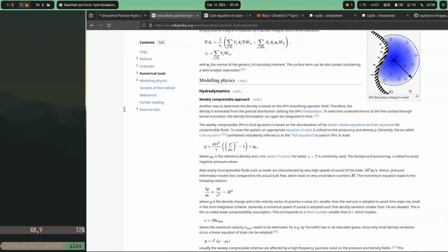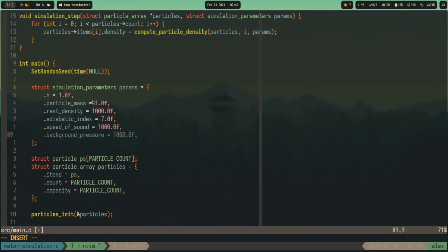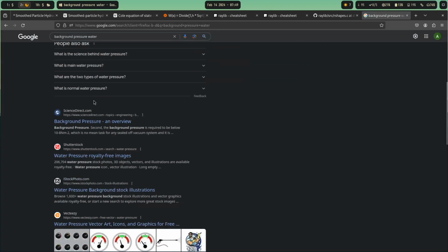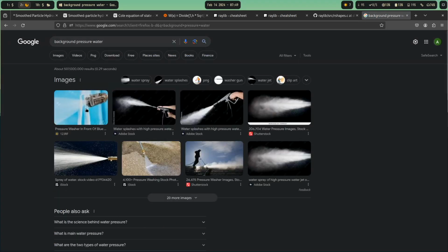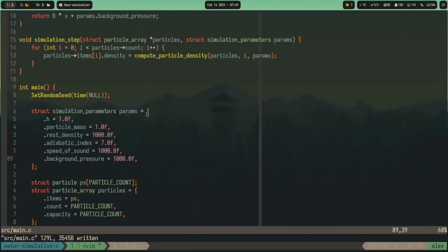Speed of sound, well, I was looking at this speed of sound, water, and let's give it 1000. And background pressure, water. Do we have? Yeah, makes sense. Anyway, I don't think it matters that much.